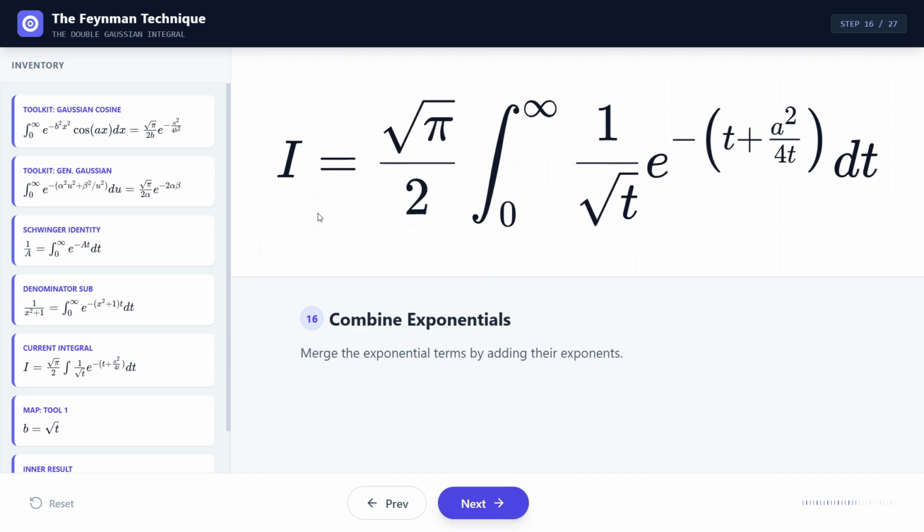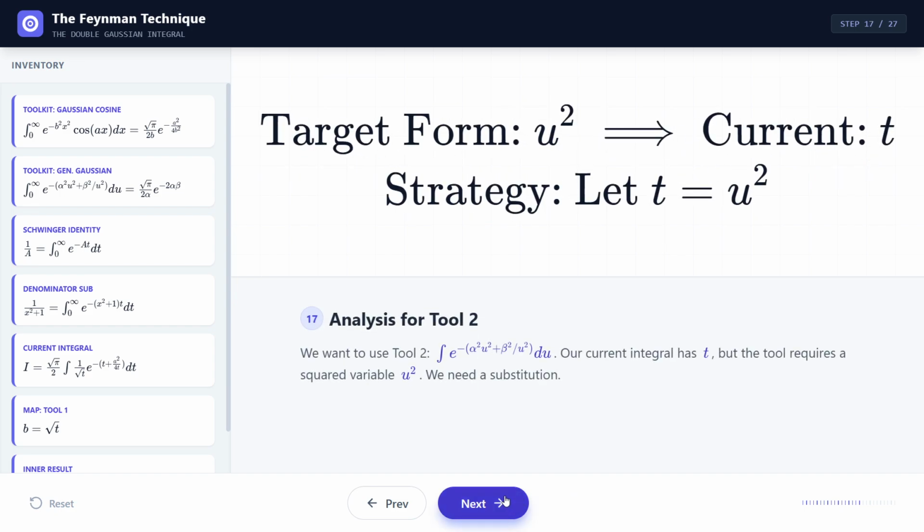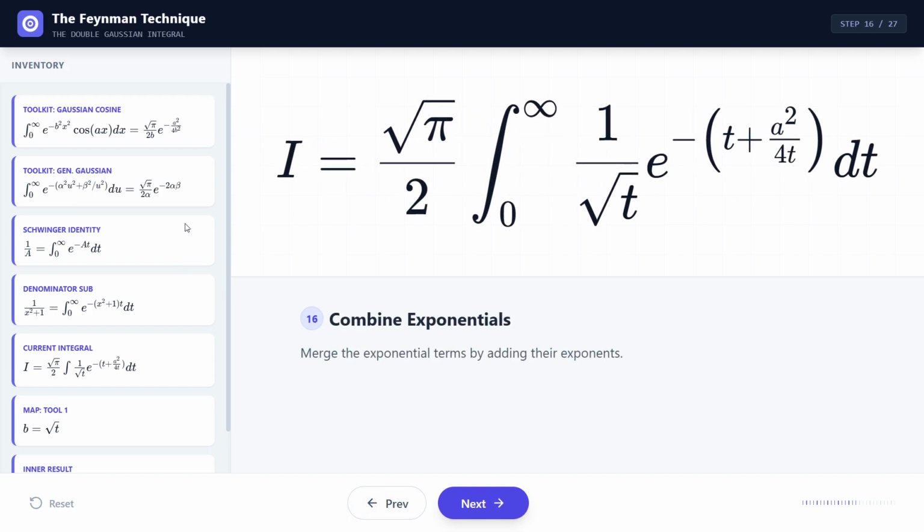All right, so now we have our integral in this form after we combine the exponential terms. Okay, so if we go back here, this is looking kind of like our second form. Kind of. Except we have that annoying square root of t in the denominator.